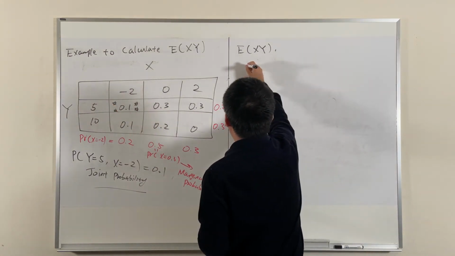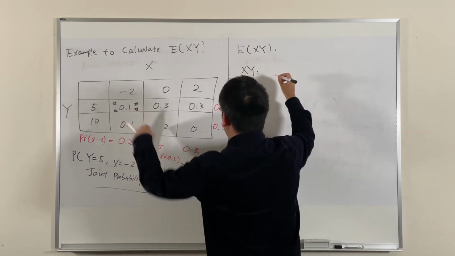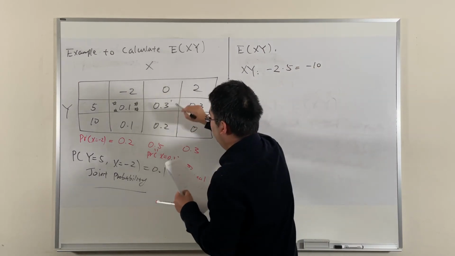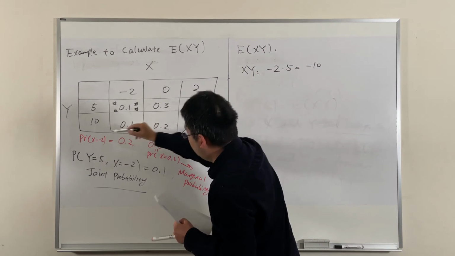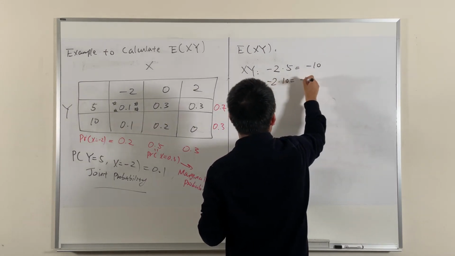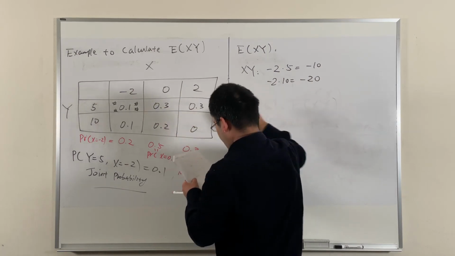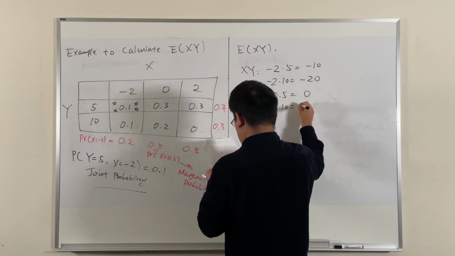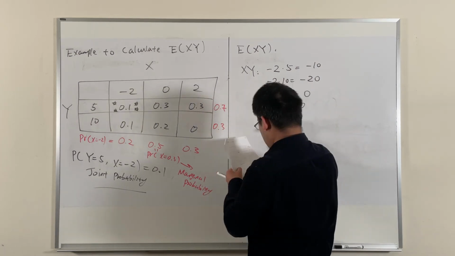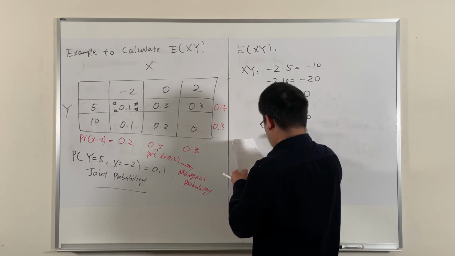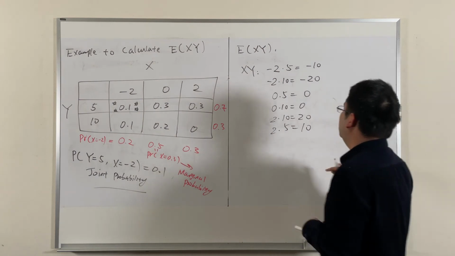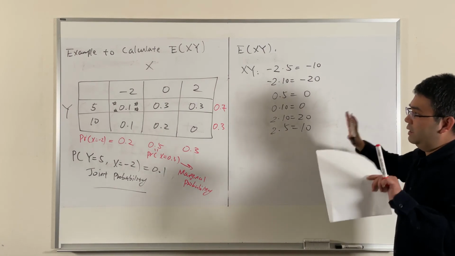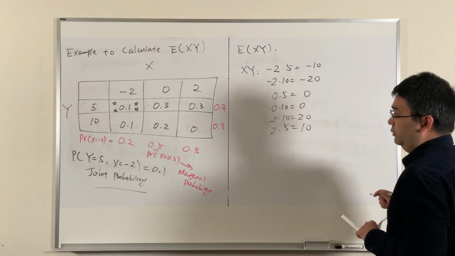So x times y can take on the value of -2 times 5, which equals -10, and -2 times 10 equals -20, and then 0 times 5 equals 0, and then 0 times 10 equals 0. Then 2 times 10 equals 20, and 2 times 5 equals 10. So these 6 are the possible outcomes you have when x and y are multiplied together, right?